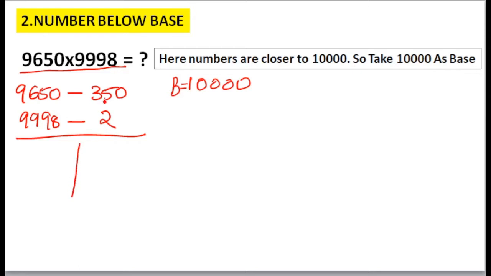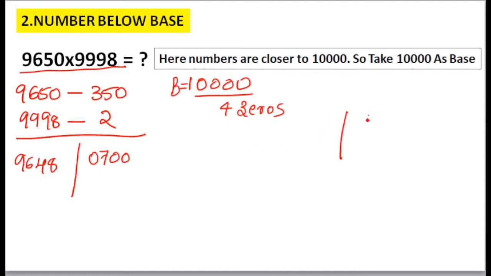Here we use the same method, that is 350 into 2, that is 700, is your RHS. But 10,000 has 4 zeros. So we put a 0 in front of 700 to make it a 4-digit number. In the LHS side, we have 9650 minus 2, that is 9648.